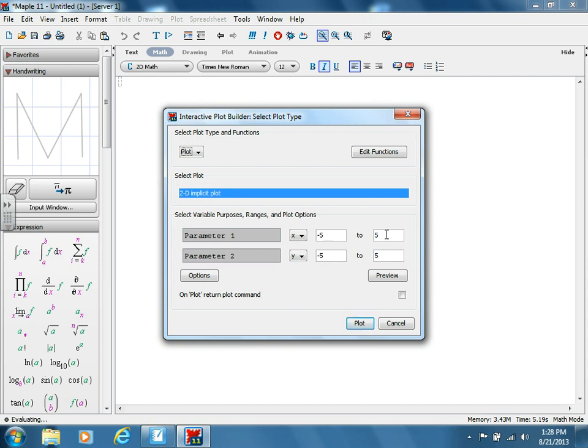Let's see. If the y is plus or minus 5, 3 to the x. The x should be something small. The y is going to have to be something big, though. Y isn't going to go below 0, so we can go to 0.